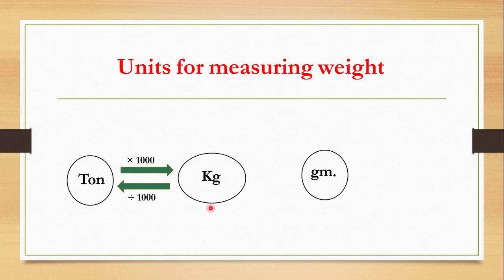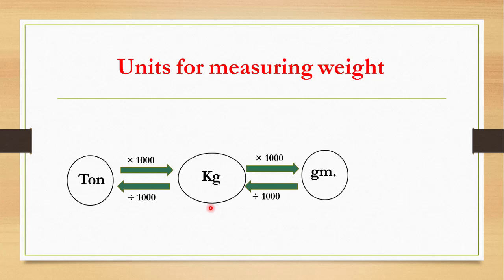By the same way, kilogram equals 1000 grams, so I multiply by 1000 if I want to convert from kilogram to gram, and I'll divide by 1000 if I want to convert from gram to kilograms.